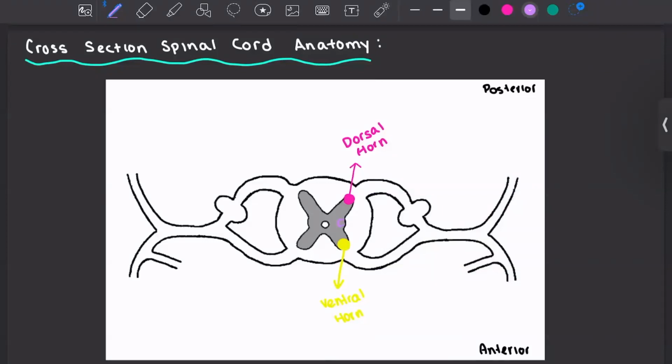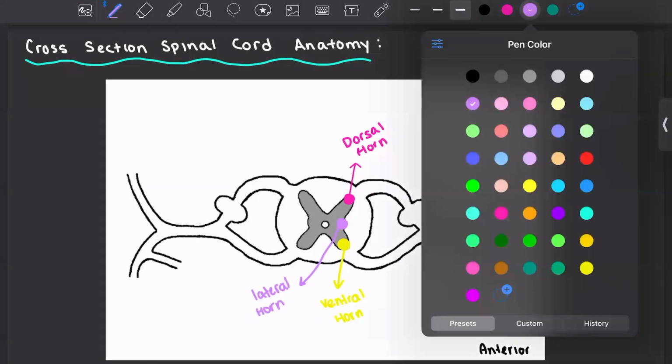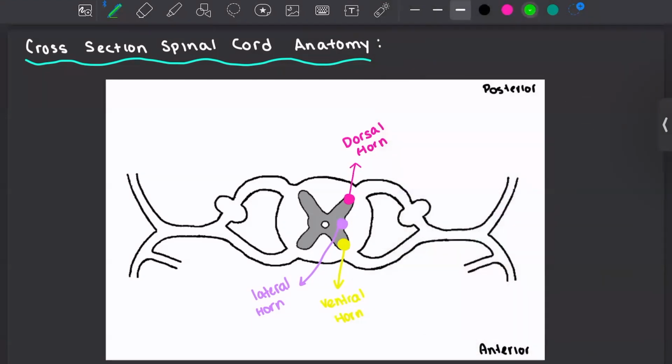So in the middle, right here, this is going to be the lateral horn. And that's a really interesting structure because it has to do with, I guess, what I think is a cool innervation pathway. All right, so let's just continue down here. This is going to be the dorsal root, this green area.